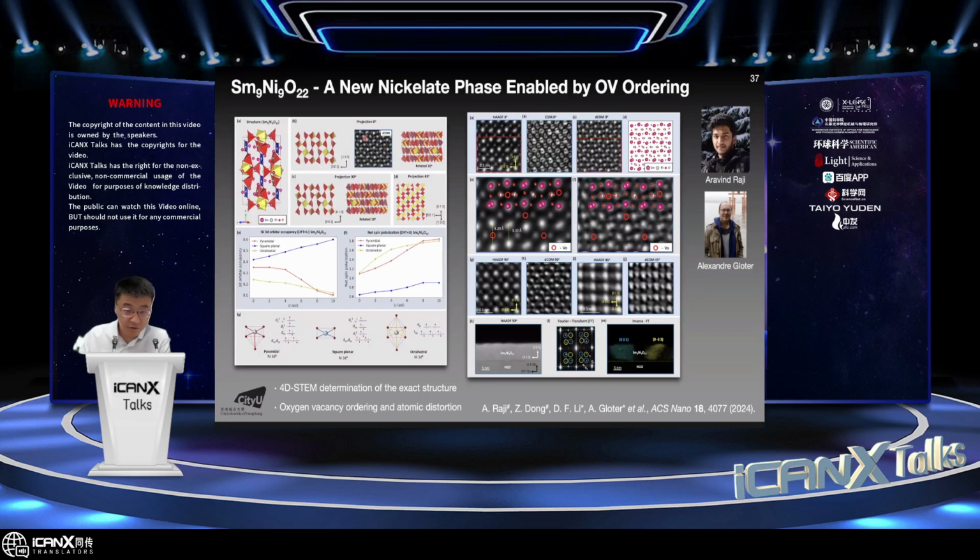Perhaps it's very difficult to see from these very small graphs, but from these high resolution images, probably you can see that these are the places where the oxygen vacancies reside. You see these oxygen vacancies would expand the lattice, right? Pushing away these atoms, so you can have these very unique periodic structures in these materials.